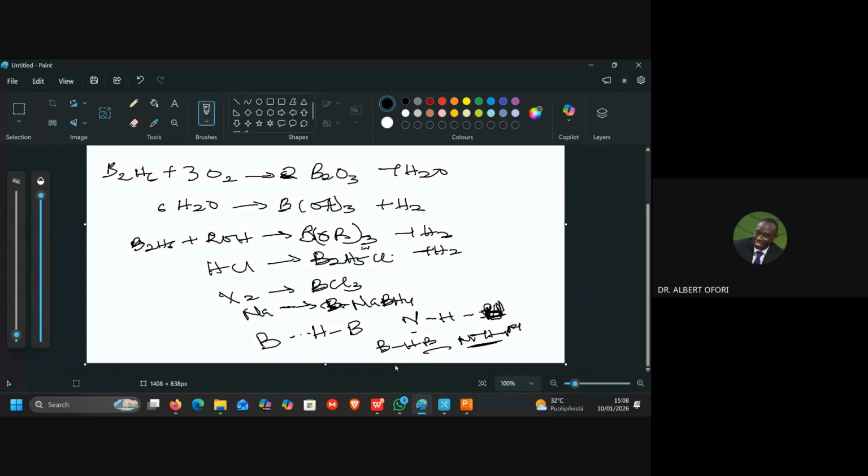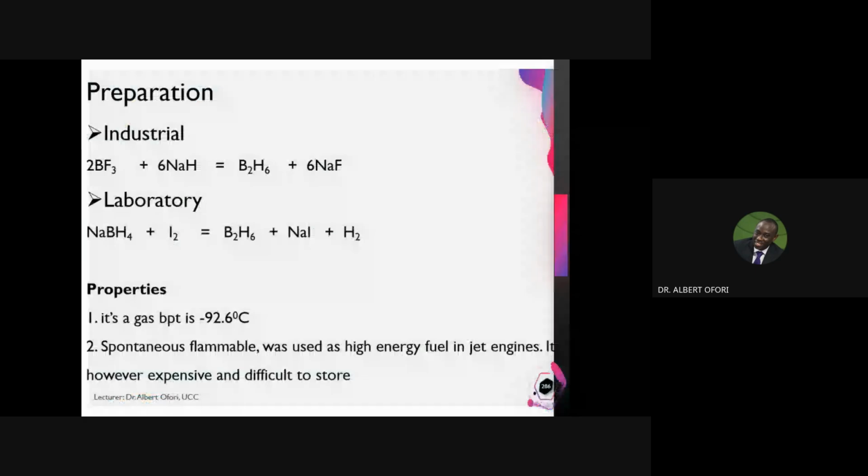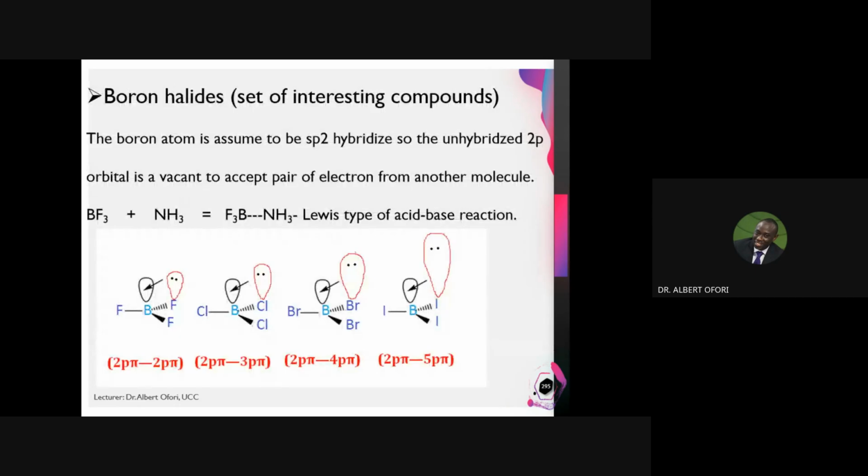Of course, we can have other compounds like the boron hydrides. The boron hydrides are also available, meaning boron with the hydrogen in the negative form.